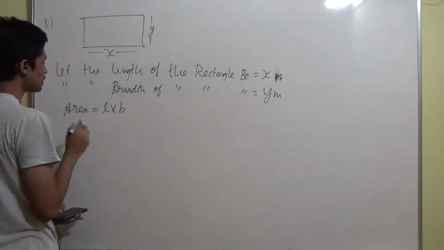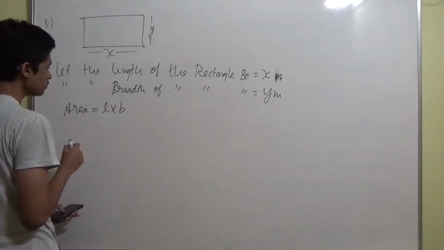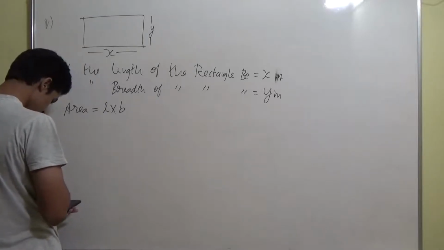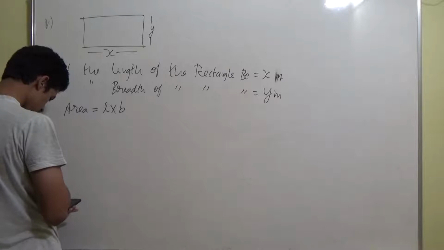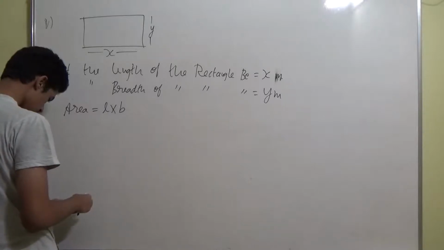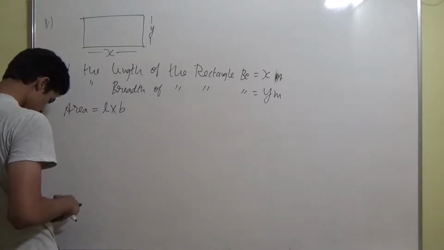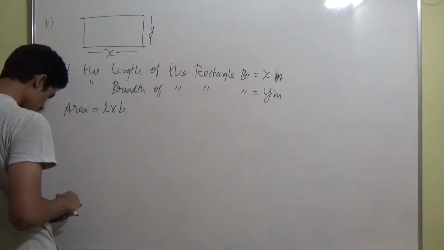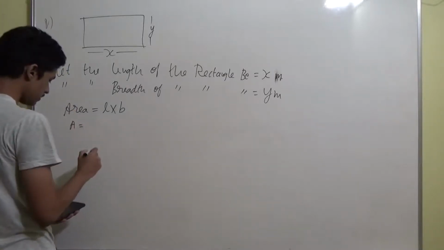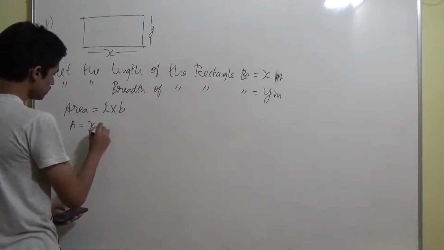Let us assume the area to be A equal to length into breadth. The original area is x into y.